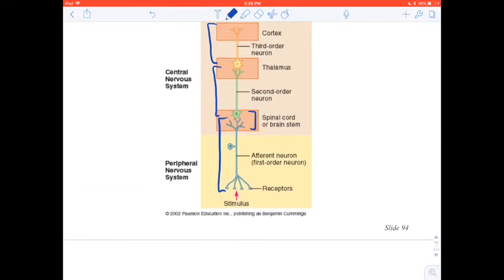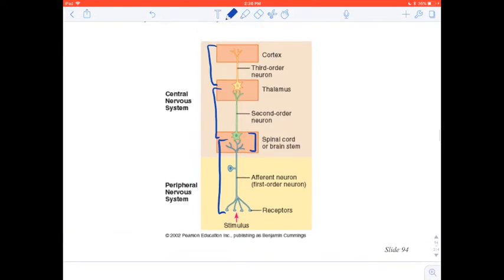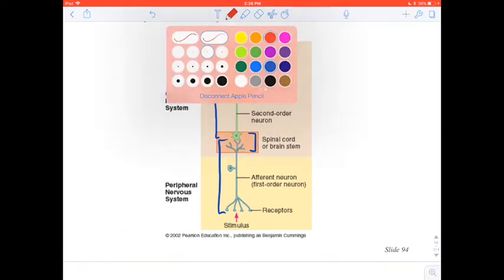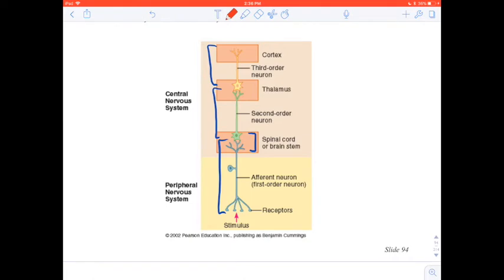But one general rule that we can hang on to: this third order neuron is going to begin and end in the same place for both the tracks we're going to discuss. So make note of this: the third order neuron will always begin in the thalamus and it will always end in the somatosensory cortex.